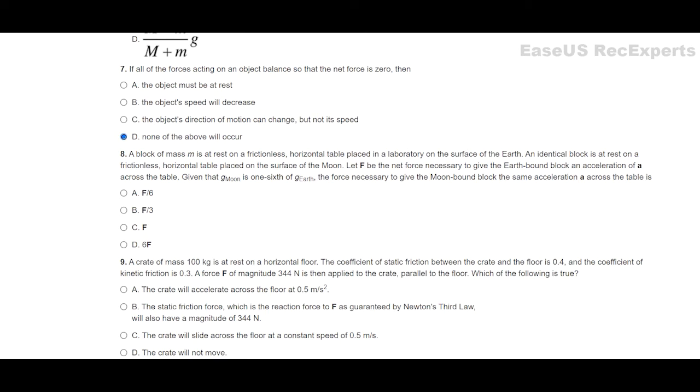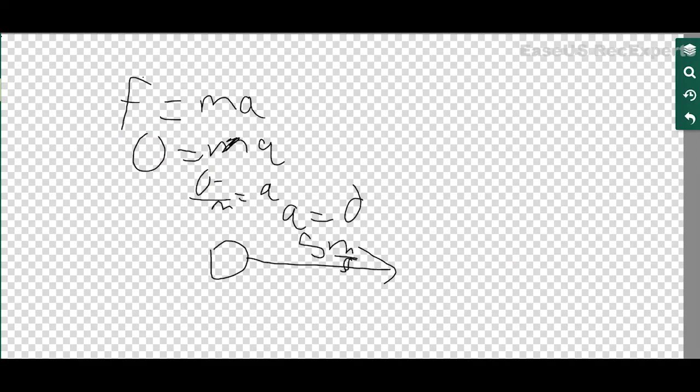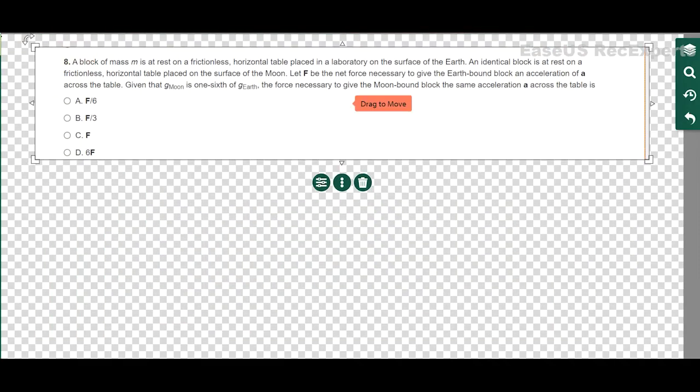Now, a block of mass m is at rest on a frictionless surface, and you will be testing what it is like on the moon versus what it is on the Earth. So if you read this question, we have a block here on Earth and a block here on the moon.